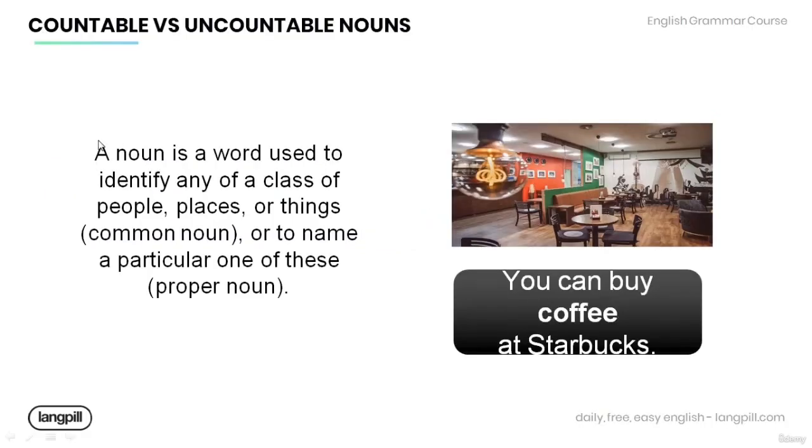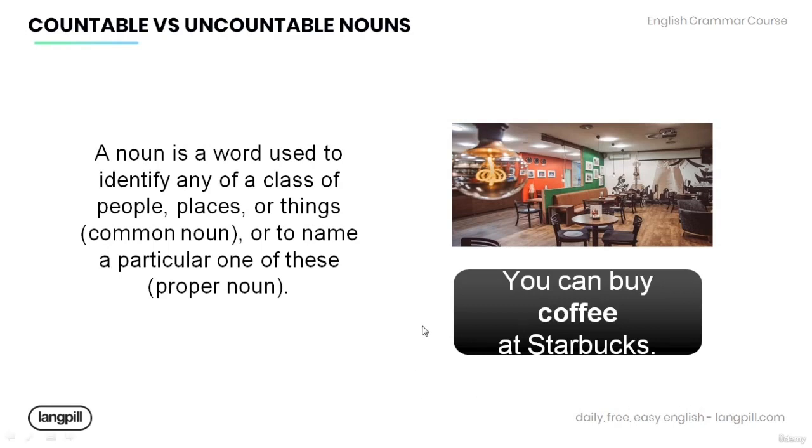Now remember that a noun is a word used to identify any class of people, places, or things, which are known as common nouns. Or a noun is a word used to name a particular one of these. And that is known as proper noun.